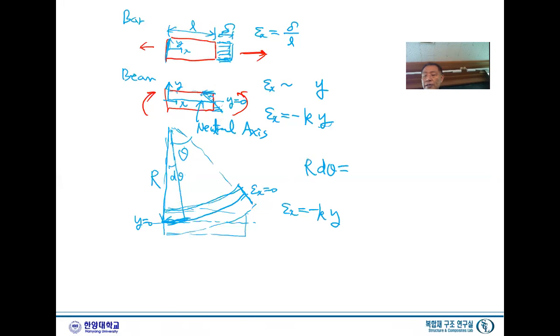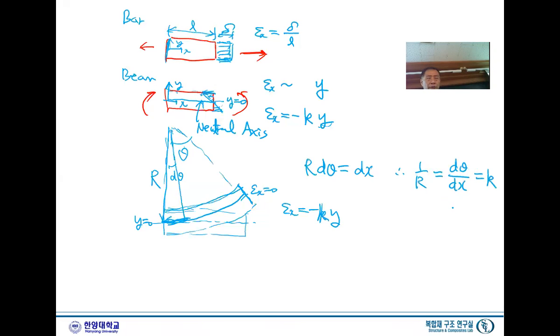This much length is the same as a dx. So 1 over r is nothing but d theta over dx. And 1 over r is in fact the same as this k. So k is a curvature.